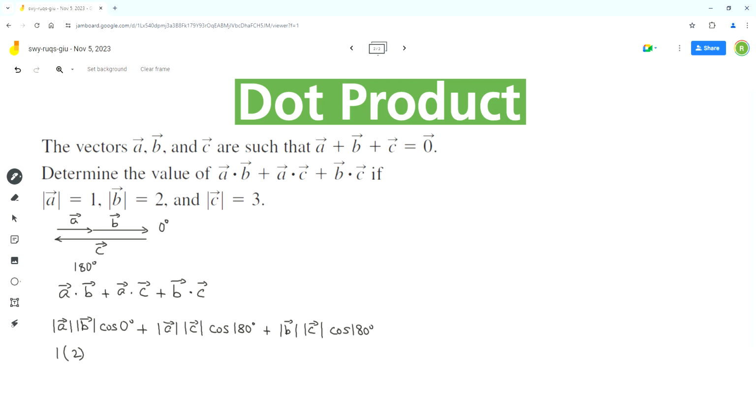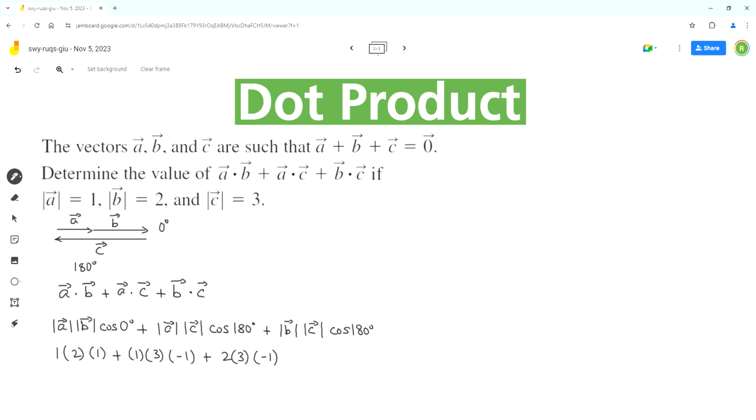And cos of 0 degrees is equal to 1. Cos of 180 degrees is equal to -1. Now we have to simplify this expression.